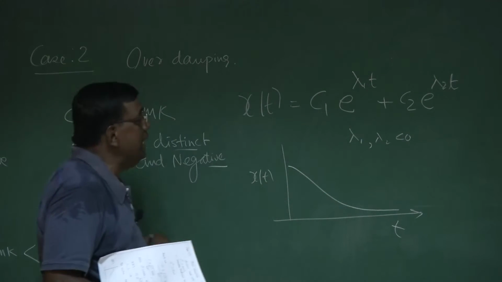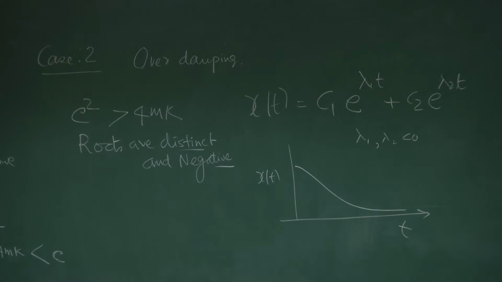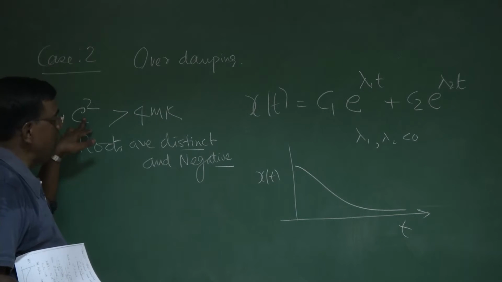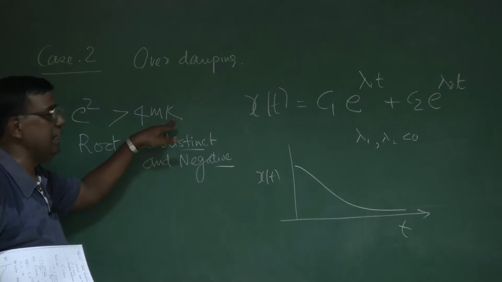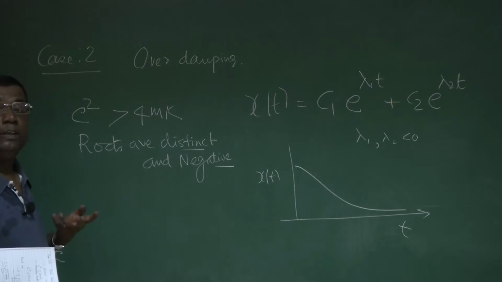So remember, this is again a mass spring damper system, but no oscillation. What is the trick? The message is, if you can select damping in such a way, high damping, such that it is greater than 4 into mass into k stiffness constant, then there won't be any oscillation. So the designer has the liberty.